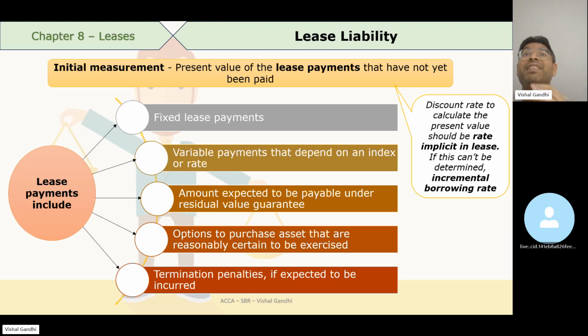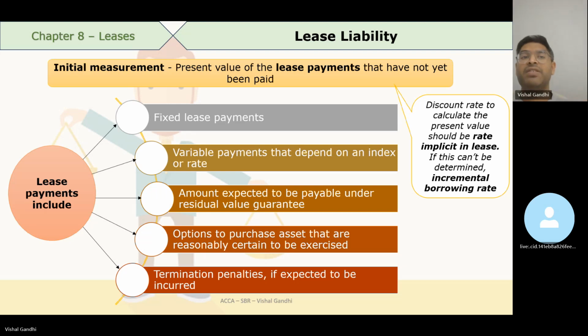And then he has a liability also, right? Because he has to pay yearly or monthly or quarterly lease payments to the lessor. So this is a lease liability. So there is one asset, there is one liability. Now we are going to look at how we can measure this lease asset and lease liability from the lessee's perspective.